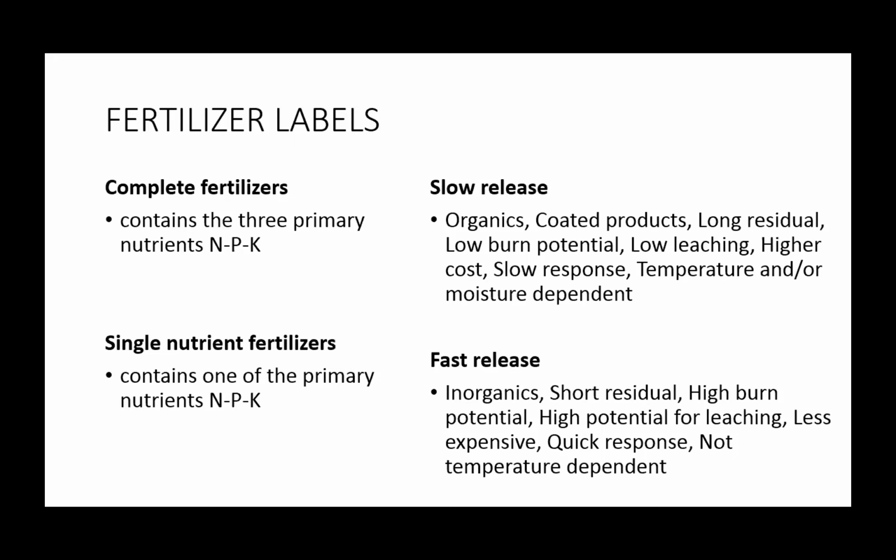They are more likely to harm a seed or even some roots, but they tend to be less expensive. So you get a quick reaction in your soils from that. So depending on what you're growing, if you want a little bit of fertilizer coming out throughout the year, maybe slow release is okay. If you have an immediate problem, maybe a little bit of fast release and a little bit of slow release to feed your plants throughout the year.